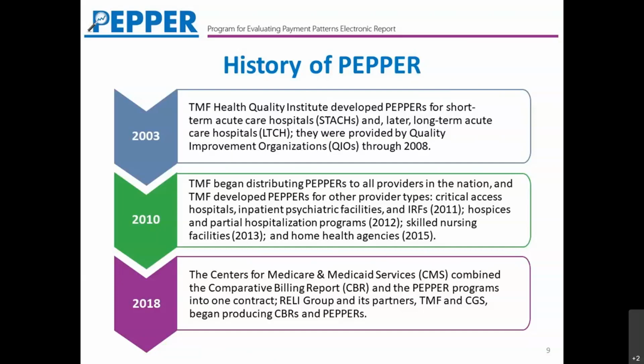Each of these PEPRs is customized to the individual provider type with the target areas that are applicable to each setting. Then, in 2018, CMS combined the Comparative Billing Report, or CBR, and the PEPR programs into one contract, and the Rely Group and its partners, TMF and CGS, now produce CBRs and PEPRs.